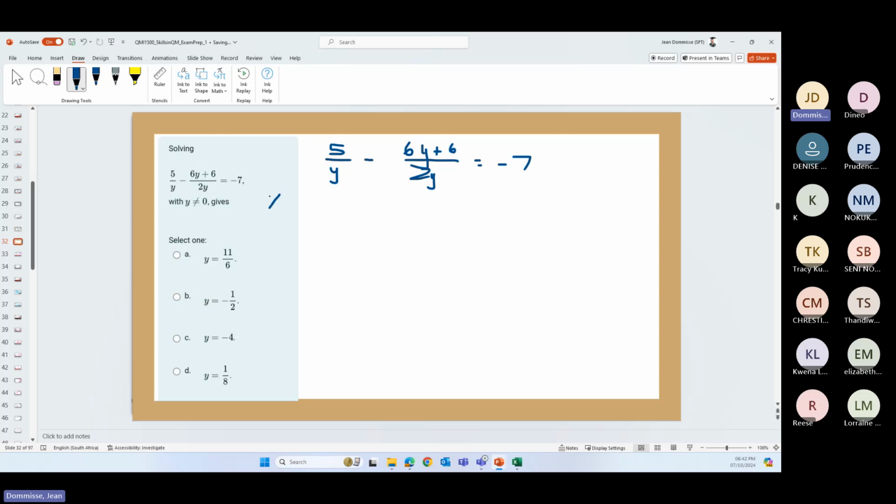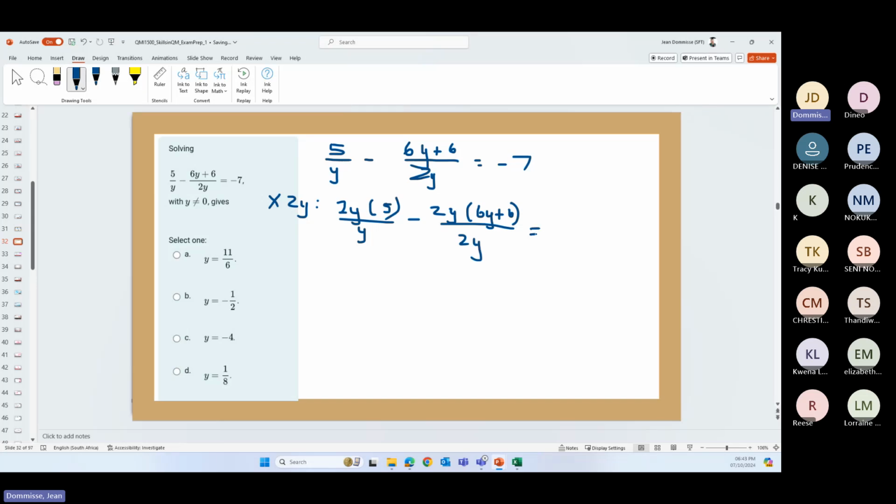How I can get rid of it is to multiply straight through with the biggest component, which is 2y. What I will show you is, let's do that without cancelling out now. We can cancel out in the next step, so that we can just see what we are allowed to do.